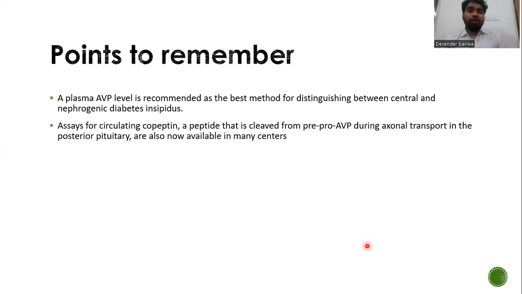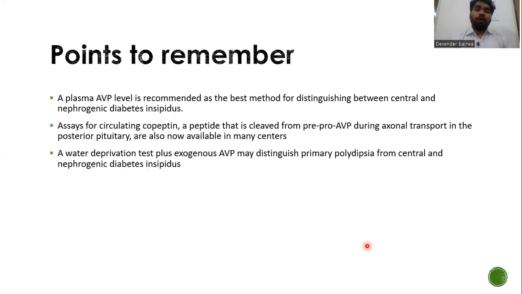Apart from plasma AVP, nowadays circulating copeptin can also be measured. This copeptin is a cleaved protein from pre-pro AVP, and it can be measured in your blood, and you can see whether the level of AVP is high or low. Water deprivation test plus exogenous AVP may distinguish primary polydipsia from central and nephrogenic diabetes insipidus, as I have already told you.